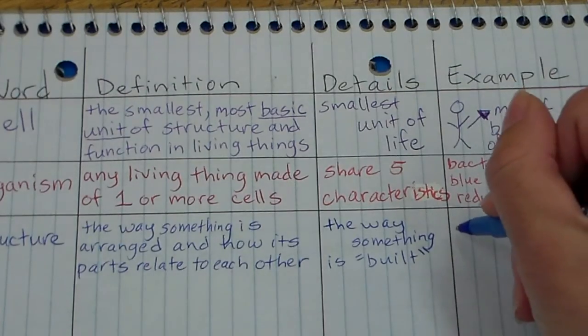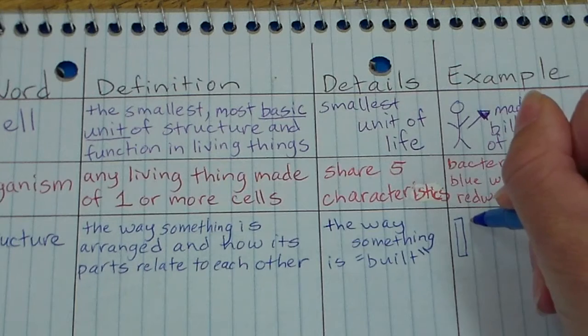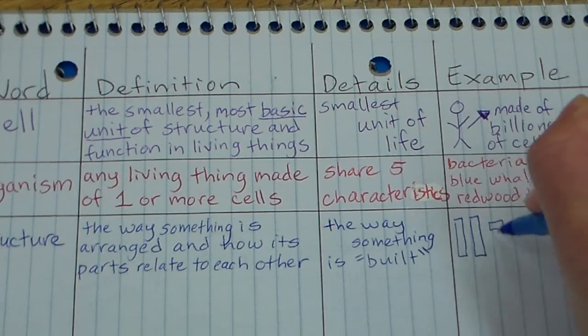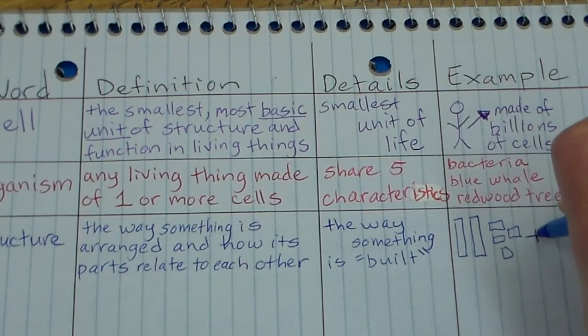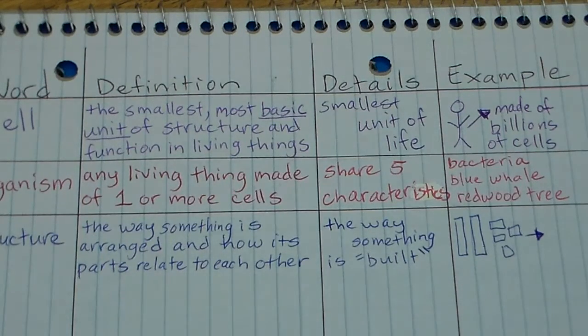So let me draw some objects here. Let's say we have a piece of long wood. Let's say I have another piece of long wood. And then let's say I have some smaller blocks of wood. Right now, these are just some pieces. These are parts. And structure is about the way that these parts are arranged and how they relate to each other.